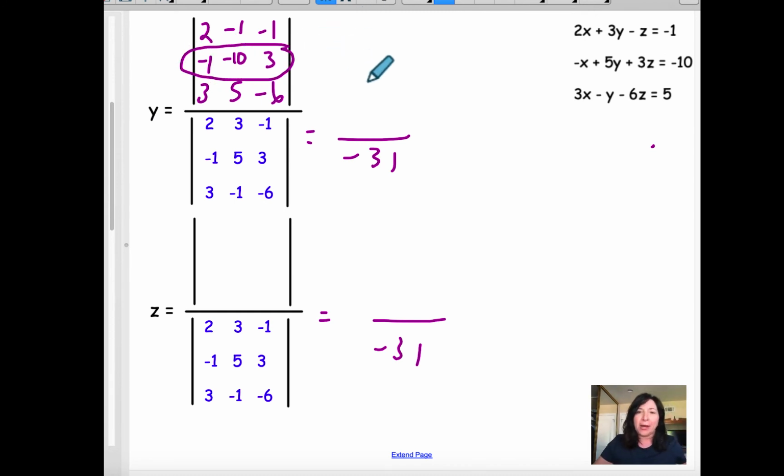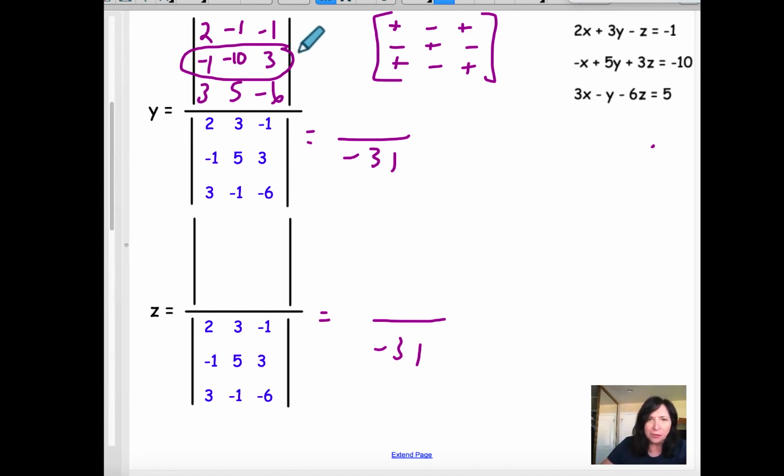So using my array, remember, that's going to be same, opposite, right? A 3 by 3. Same, opposite, plus, opposite, same, opposite, plus, opposite, same. And so what we have here is this new matrix. All right.